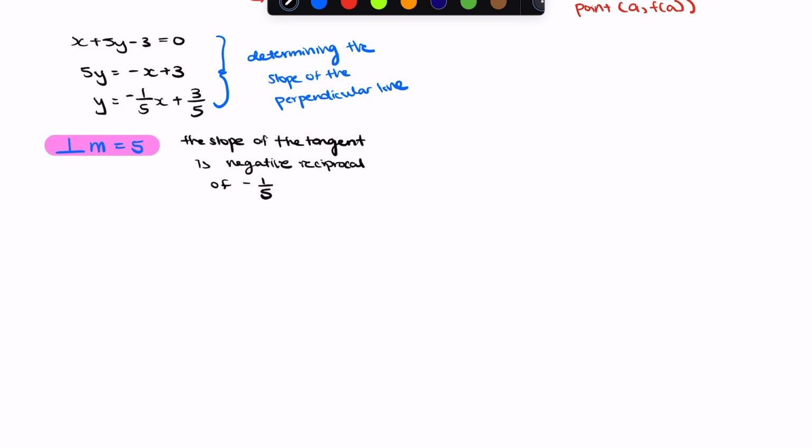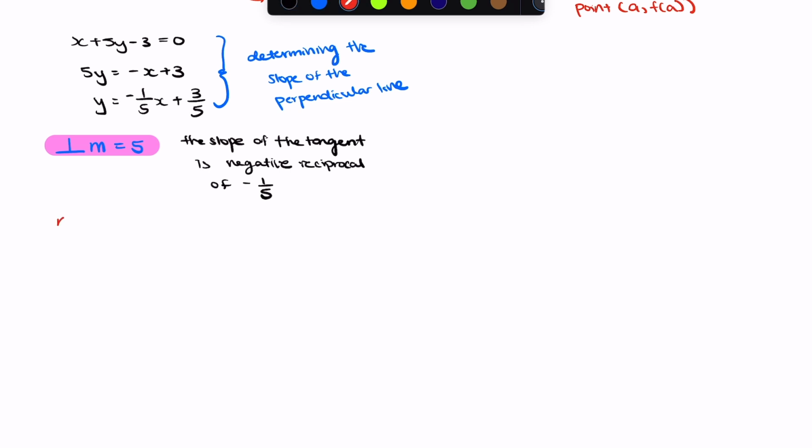So then the next thing we want to do is find again the point a and f of a. So again, we use the limit formula here to solve for the a value, the x coordinate of the point where the tangent touches f of x. So let's write our formula and we'll see how we do this here.